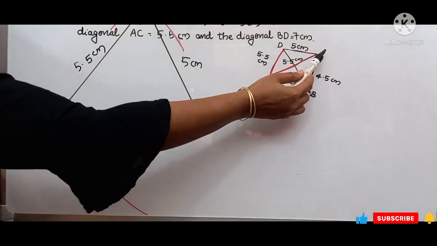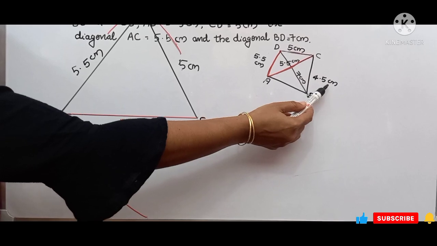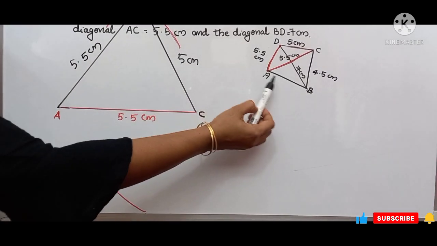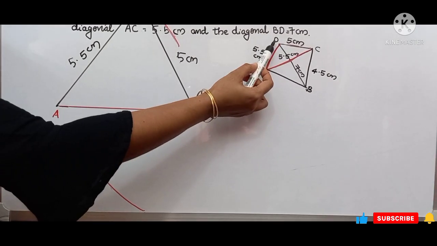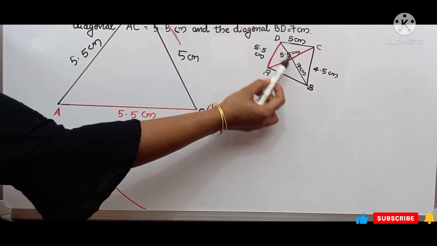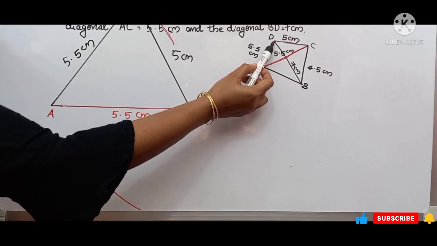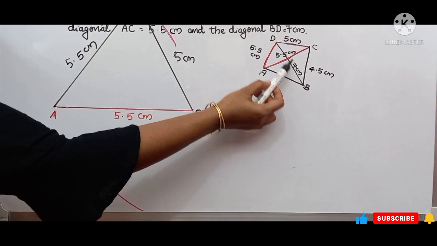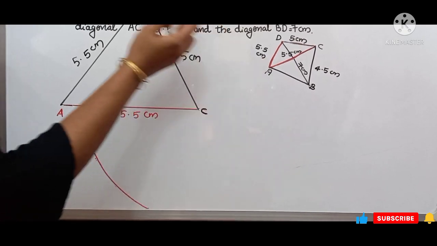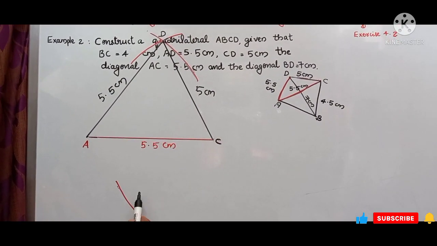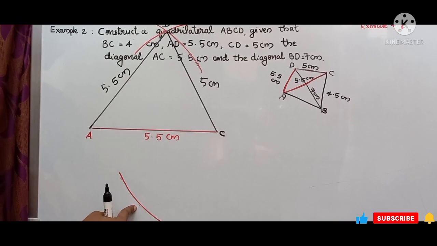Then see children, here we have taken CB 4.5 centimeter and drawn one arc here, and AB is not given, so we have to take that distance from D to B, it is 7 centimeter. So we have to adjust our compass to 7 centimeter, and pointing on D, we have to draw that arc here. That arc will intersect with this arc.